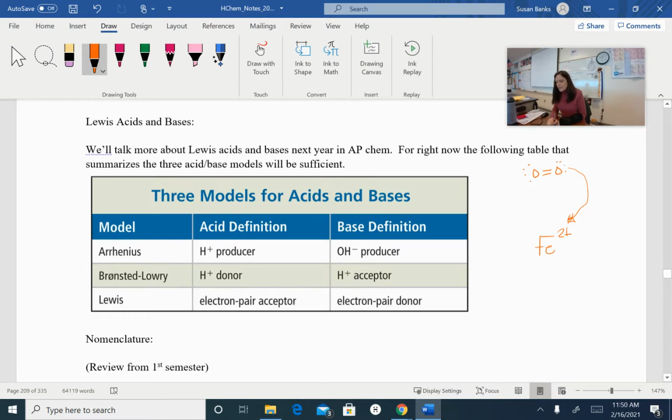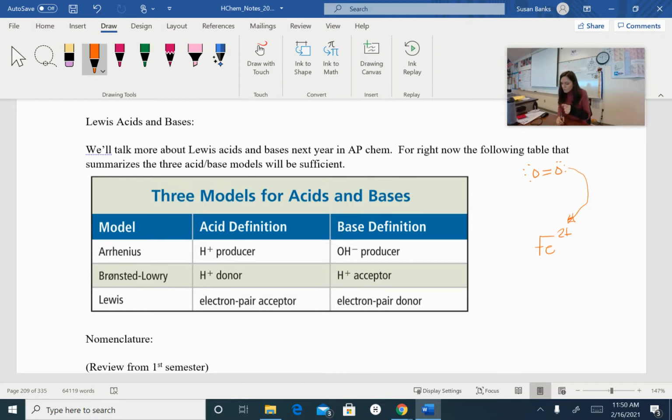Give us oxygen. That attraction between the lone pair on oxygen and the +2 on the hemoglobin is what actually binds the oxygen to our hemoglobin so that our red blood cells can transport the oxygen through our body so that our muscles and our cells can work. So our whole way of breathing and getting oxygen in and out of our cells is all about Lewis acids and bases.